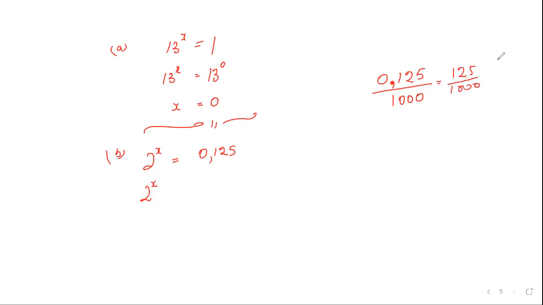25 here goes 5 times, and then 5 here once, 5 here 8 times. So that gives us a fraction of 1/8. That is 2x is equal to 1/2 cubed. 2 multiplied by 2 multiplied by 2 is 8.